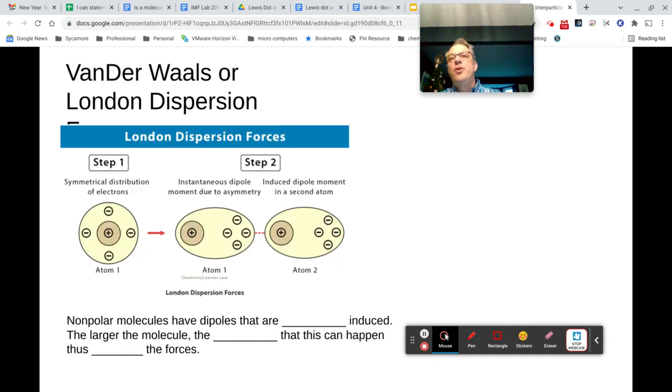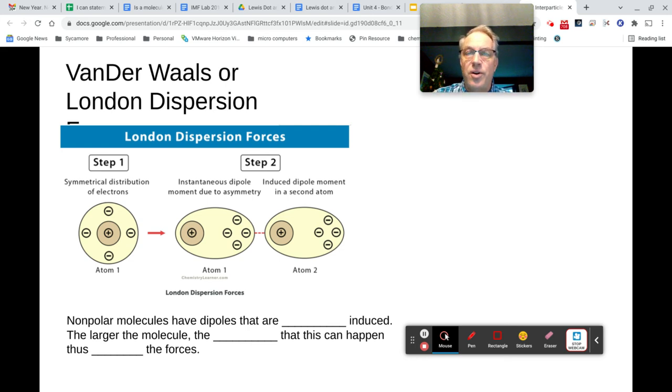Next one. Let's go here. Now what if we don't have metals, we don't have ionic bonds, we don't have permanent dipoles, no hydrogen bonding? What's left? Non-polar molecules, right? What happens is now there's a term called van der Waals and London dispersion forces.